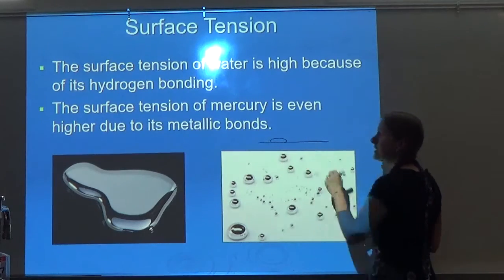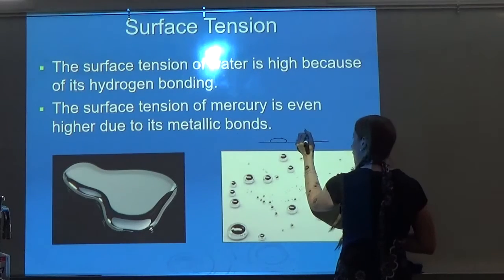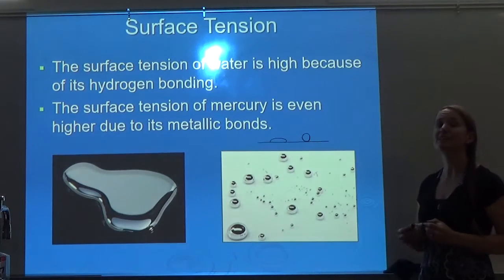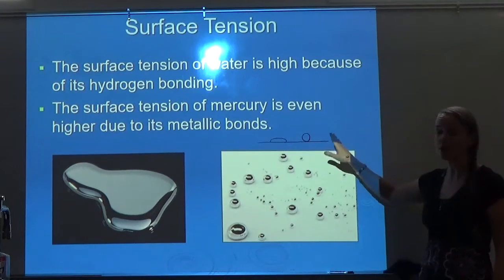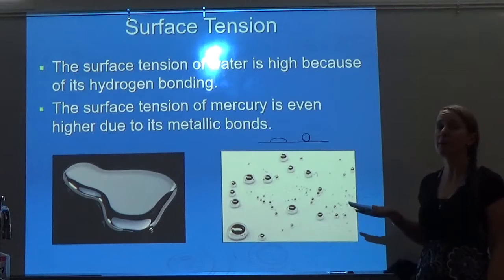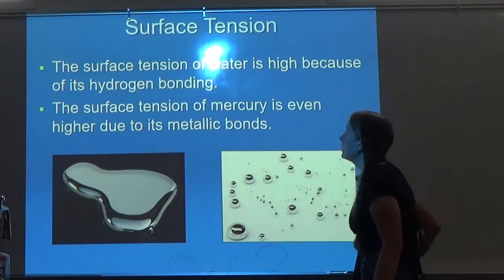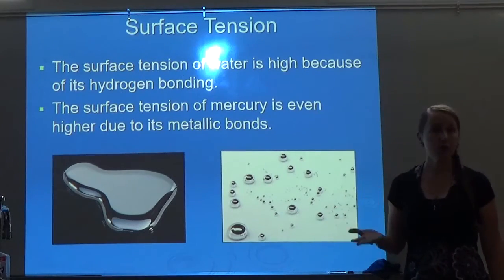It beads up because of those intermolecular forces. Well, if you put mercury in a drop, it will literally become a sphere because it has even stronger forces, which are not intermolecular at that point. It's metallic bonding. So the amount of intermolecular forces or bonding will determine the surface tension.